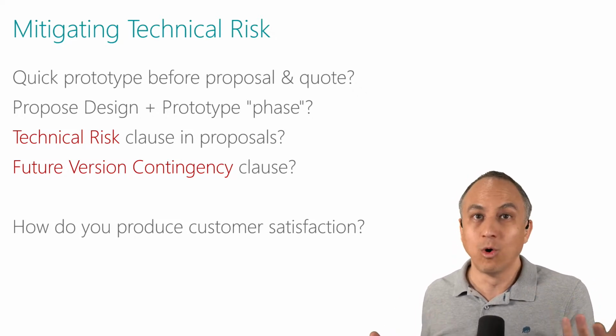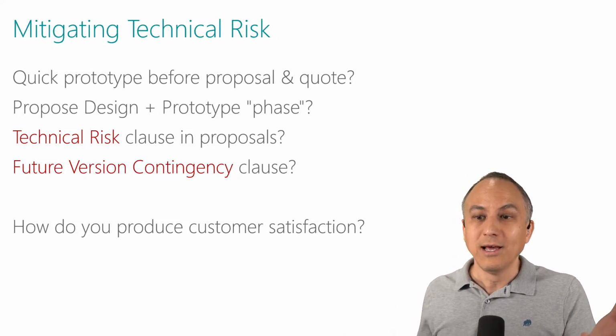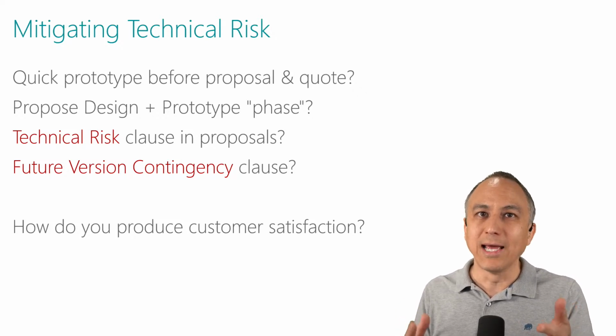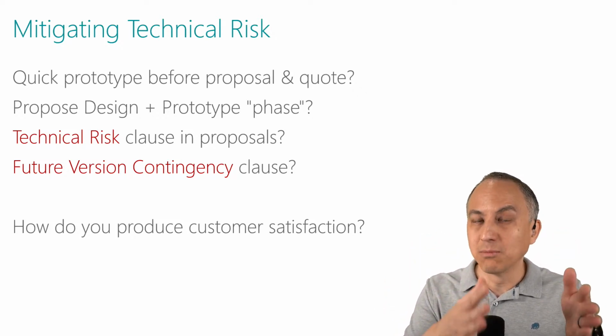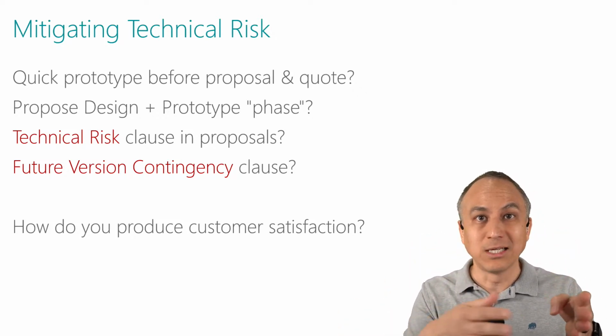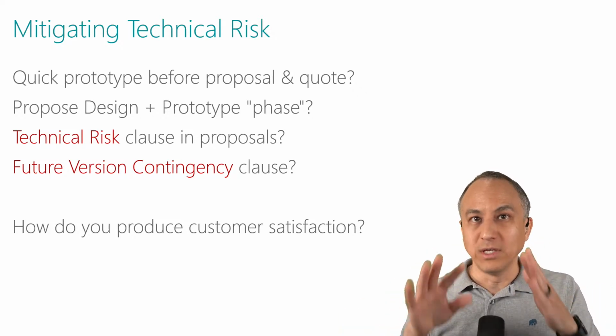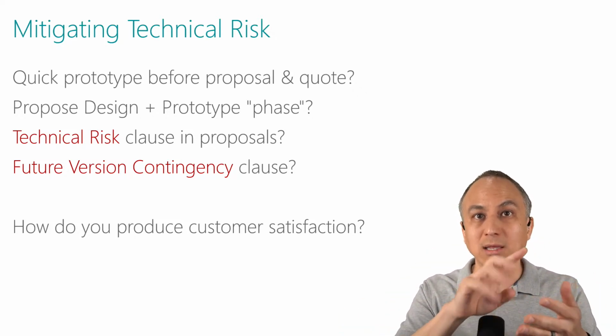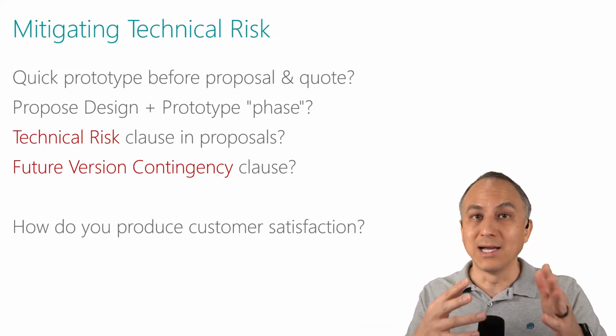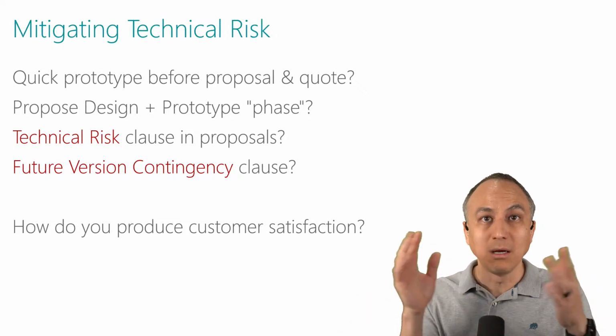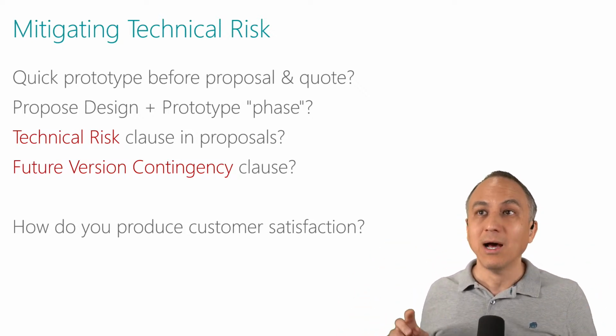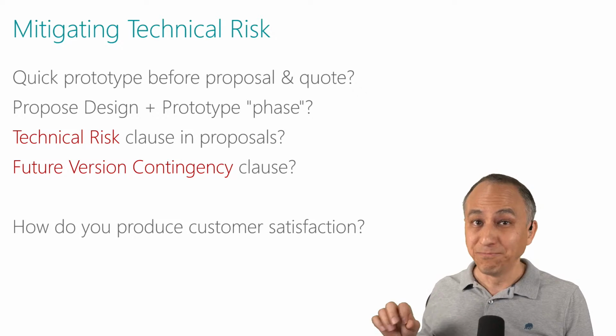And I therefore won't be happy. I want a happy customer. And if I warn them, hey, we think this will take 8 hours, but if we run into problems, it could go to 24. And if it does, we'll let you know each step of the way the problems we're running into, and we can decide whether we go with a plan B, abort, whatever you want to do. I want to produce customer satisfaction.